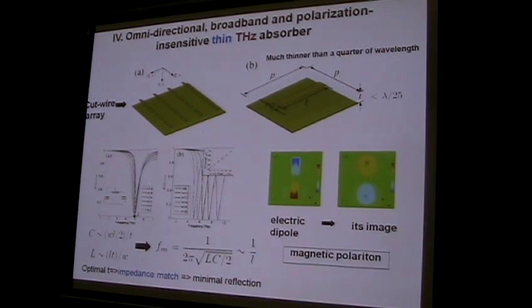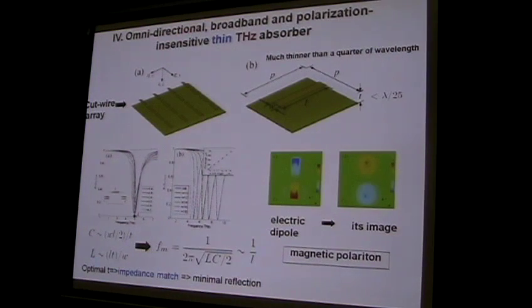So now let's look at using this kind of dipole for an absorber. We want to design an absorber that is broadband, polarization insensitive for both polarizations, and omnidirectional.